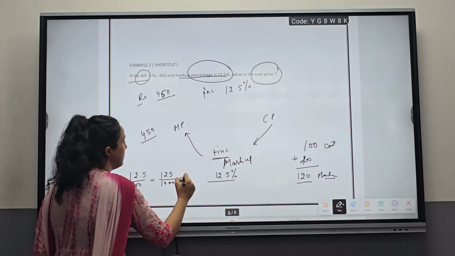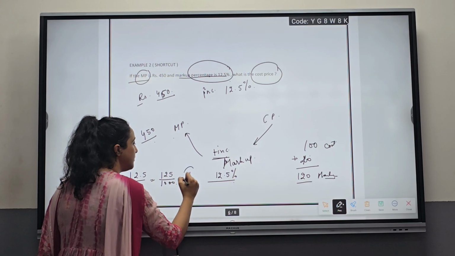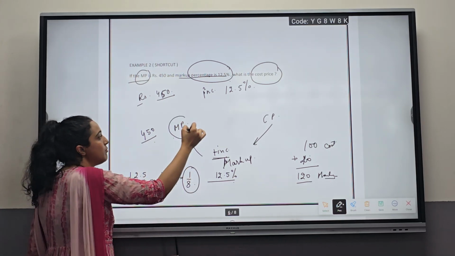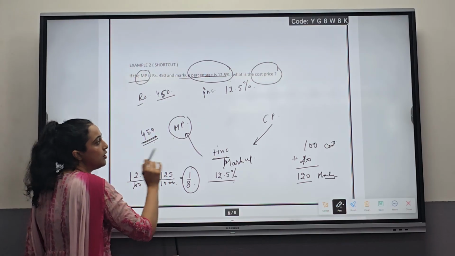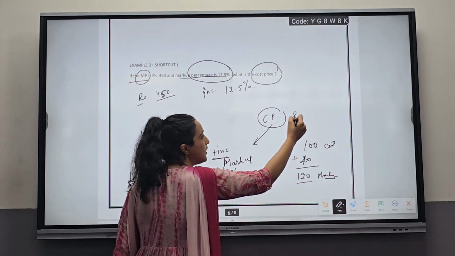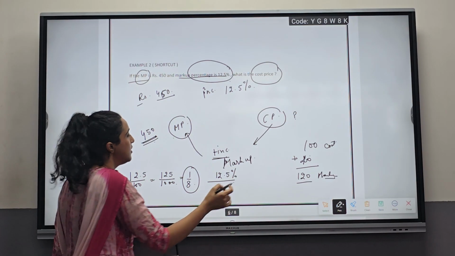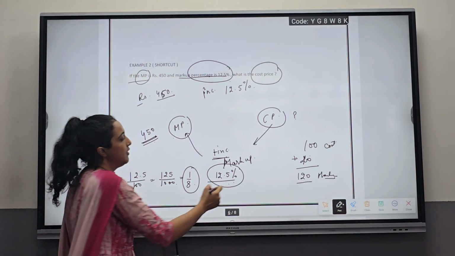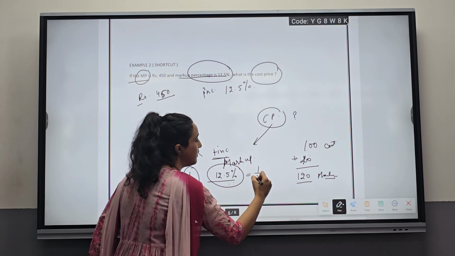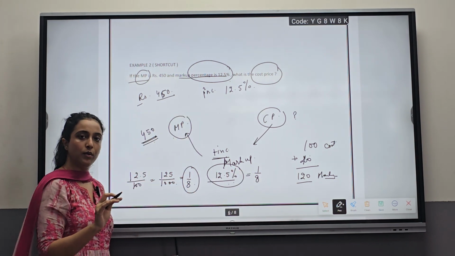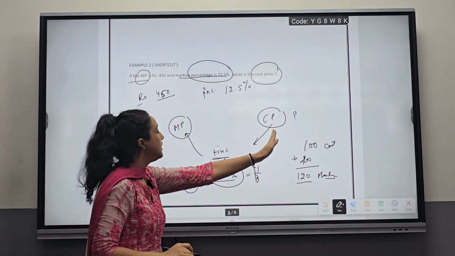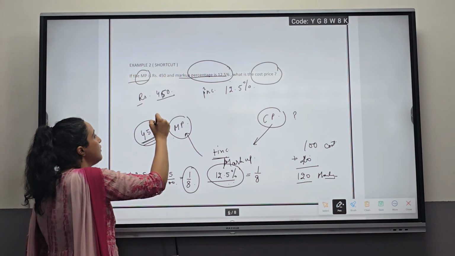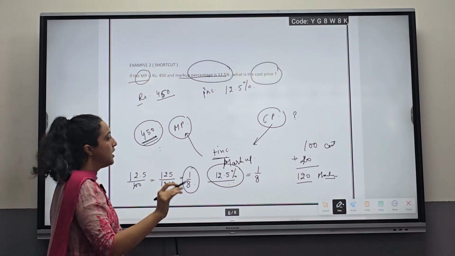This means 12.5% is 1 by 8. Is this clear? So you have a marked price of 450. You have a cost price which is not given to you. You have to find this. But you know you are increasing it by 12.5%, which in terms of fraction is 1 by 8. So when you are increasing it by 1 by 8, you get 450 as your answer.